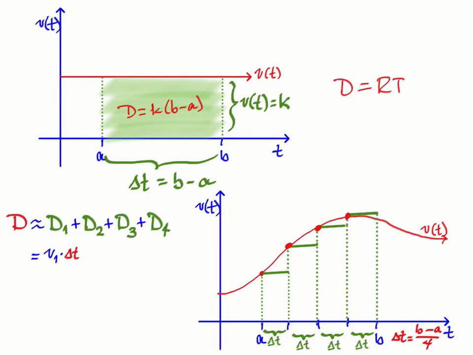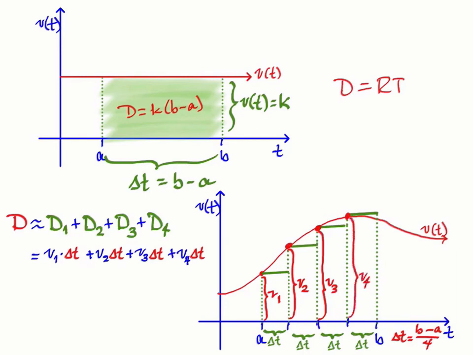So v1 times delta t, well, here's v1, it's the height of the first rectangle, plus v2, the velocity at the beginning of the second time interval, times delta t, and v2 is the height of that rectangle, plus v3 times delta t. V3 is the height of the third rectangle. And the last velocity times delta t is the fourth distance traveled. And there's the last velocity.